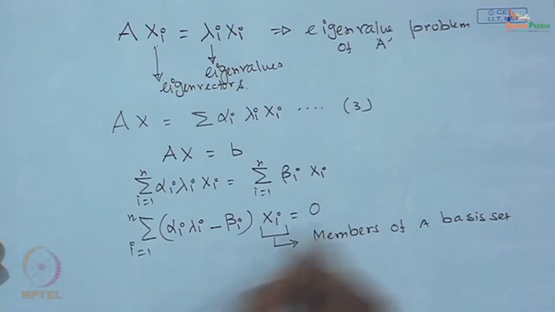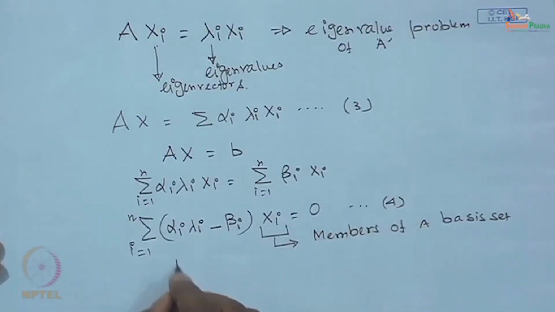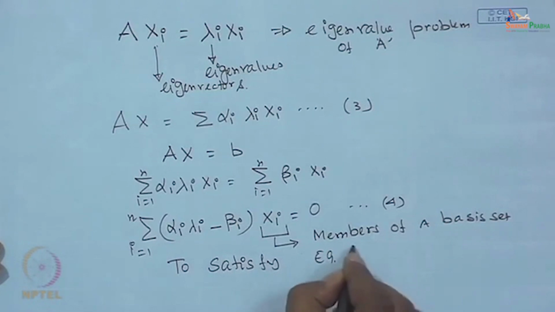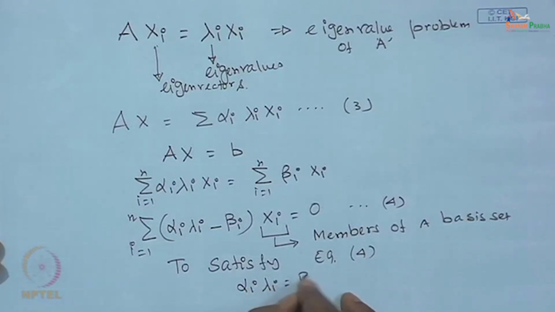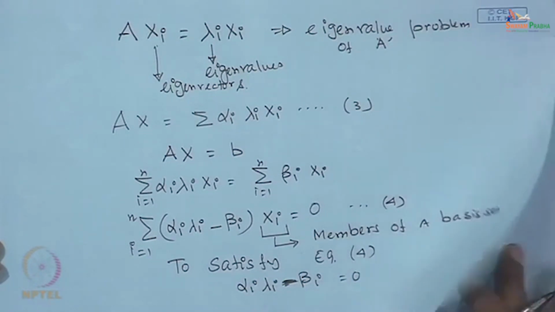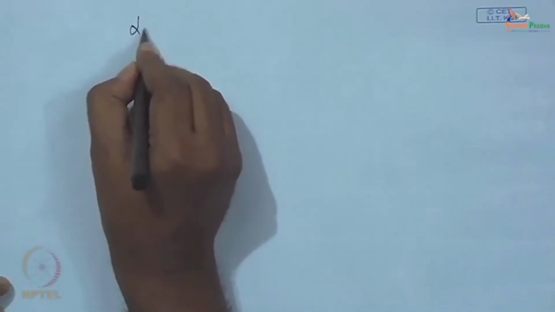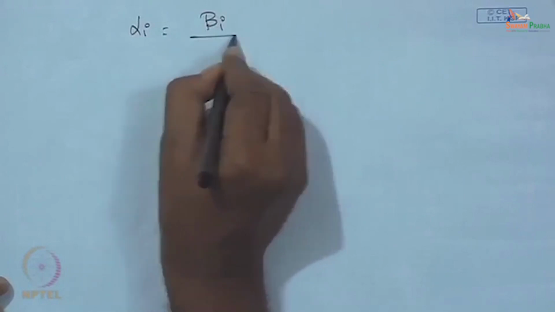So, to satisfy equation number 4, the corresponding coefficient should be equal to 0. So, alpha i lambda i minus beta i should be equal to 0. Therefore, the condition we get is alpha i is equal to beta i by lambda i.